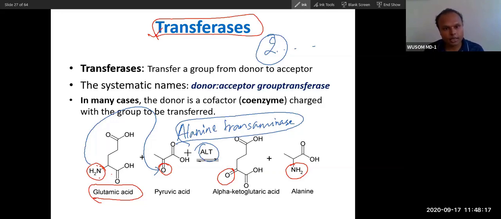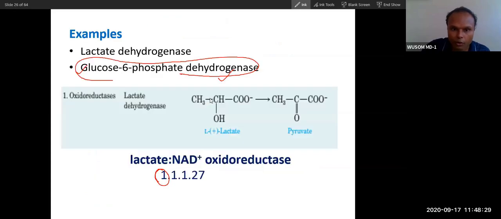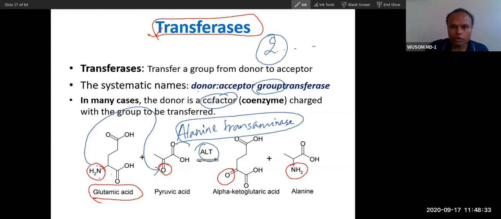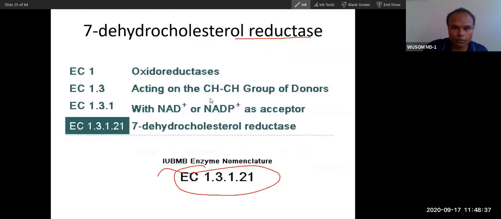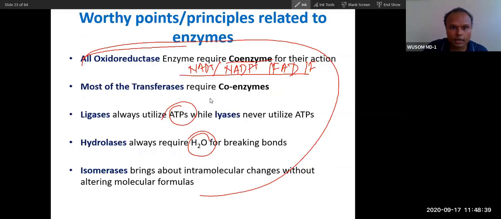Alanine transaminase does this reaction. So again, the systemic name is donor acceptor group, so name of group and then aminotransferase. In many cases, the donor is a cofactor, as I've told you before.